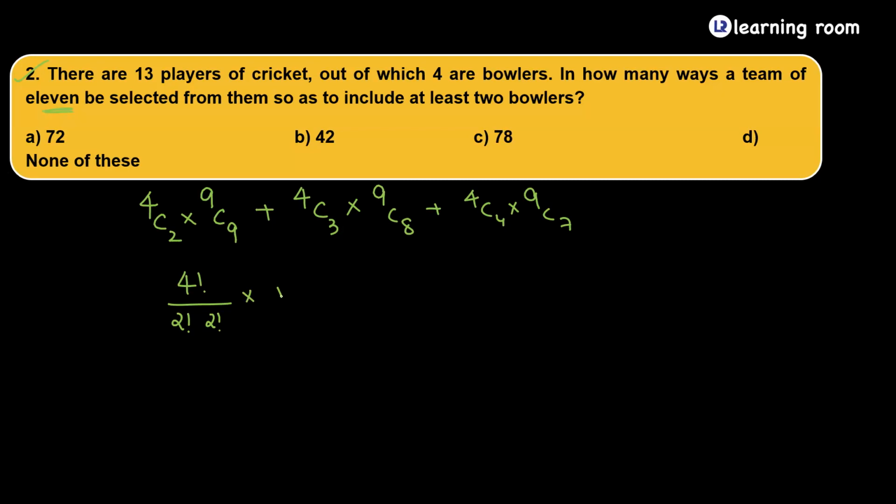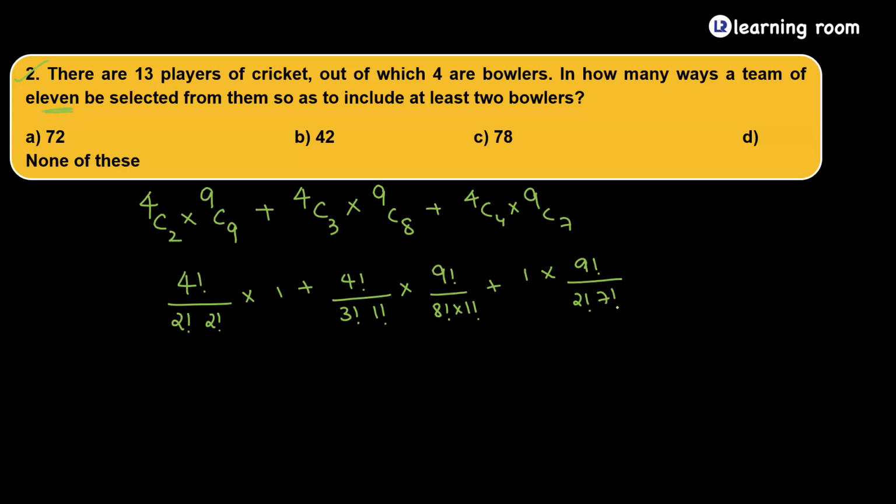NCN is 1. Plus 4C3 is how much? 4 factorial by 3 factorial into 1 factorial into 9C8 is 9 factorial divided by 8 factorial into 1 factorial, plus 4C4 is 1 into 9C7 is 9 factorial divided by 2 factorial into 7 factorial.